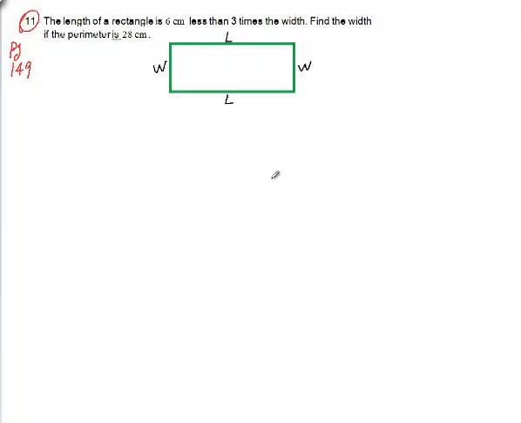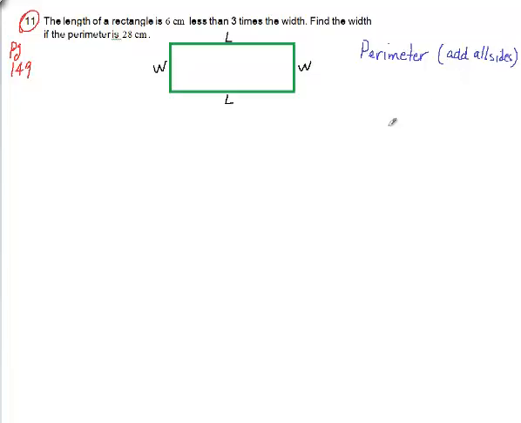Now let's talk about that for a second before we go back to the word problem. Remember the perimeter, because the word perimeter is here. So let's review what perimeter of a rectangle is. The perimeter is the distance around something, and when we get perimeter, we add all sides.